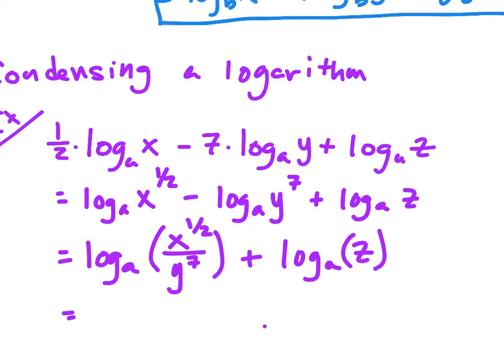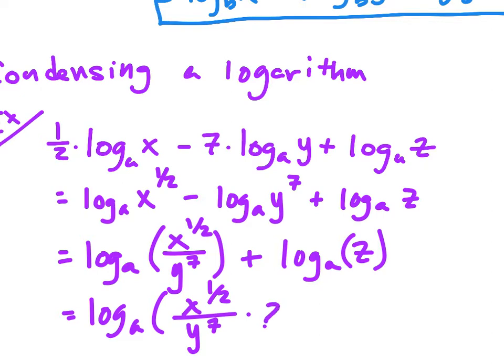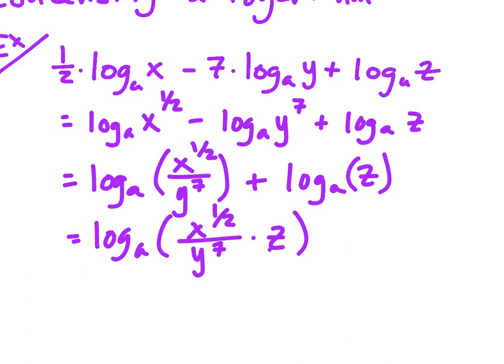So then what I have is log base a of x to the 1/2 power over y to the 7th power times z. Now, when I multiply these fractions together, z is over 1. So really z is going to be part of my numerator.